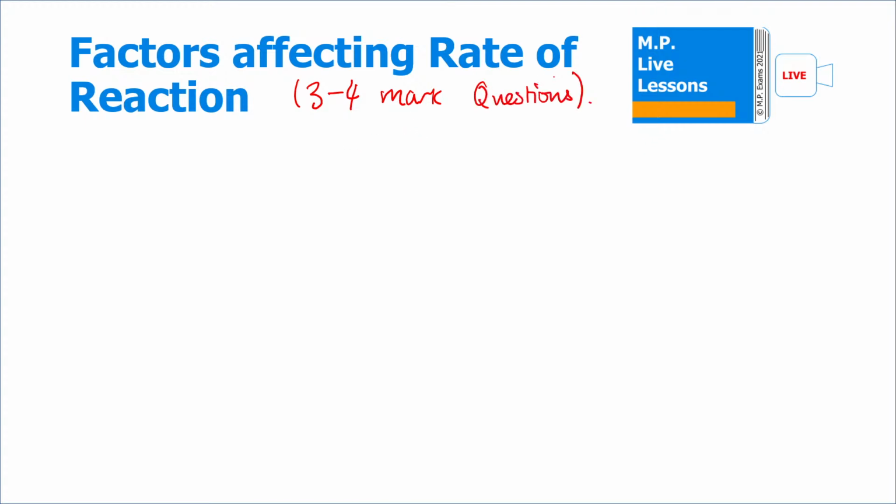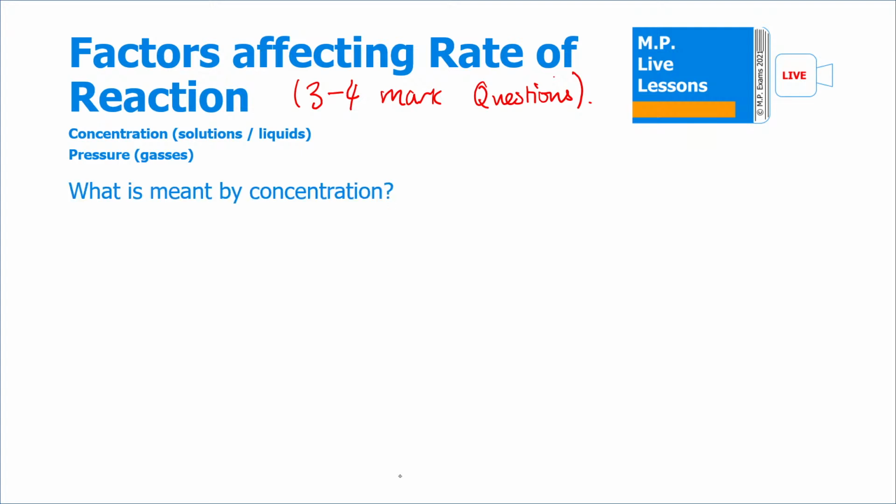For example, we could see that the concentration can affect the rate of reaction. This is usually for solutions or liquids. This could also be the same for pressure in gases. So what's meant by concentration? This is the amount of reactant, or mass, as they prefer you to say, of a reactant per unit of volume.